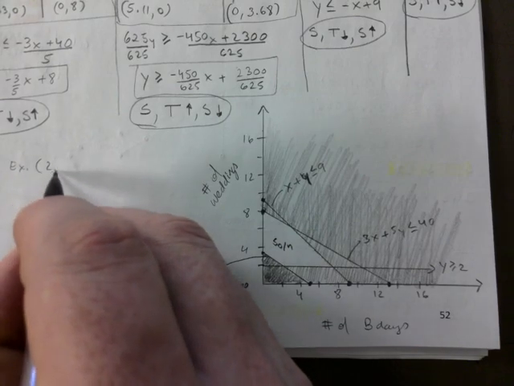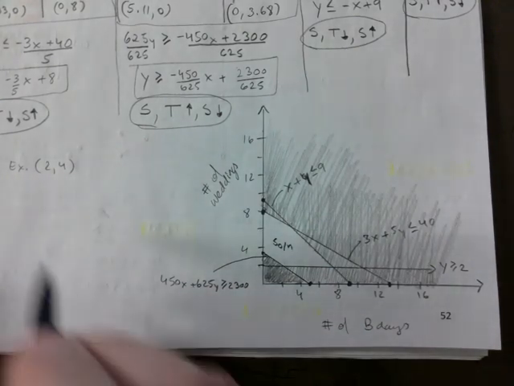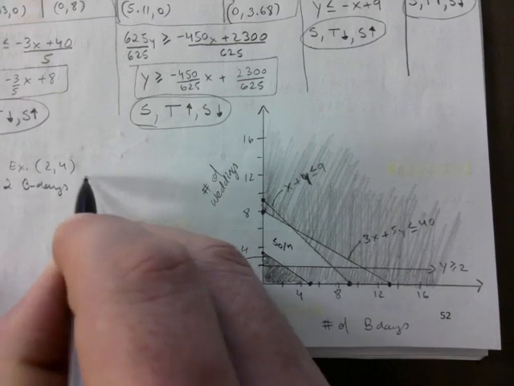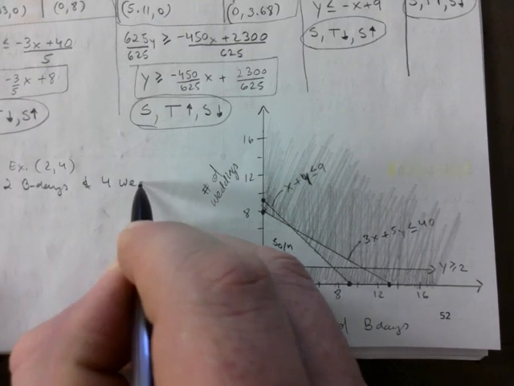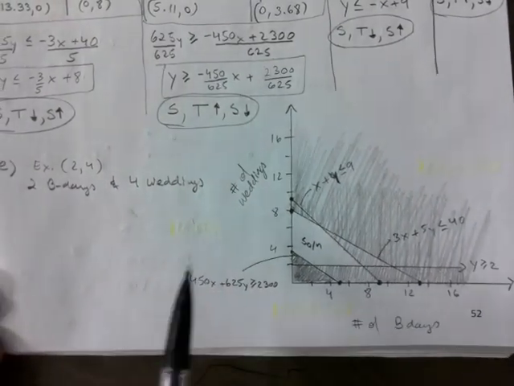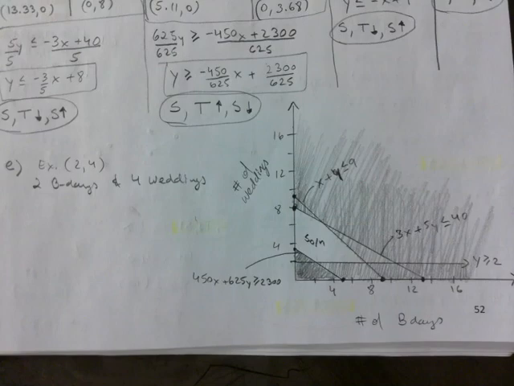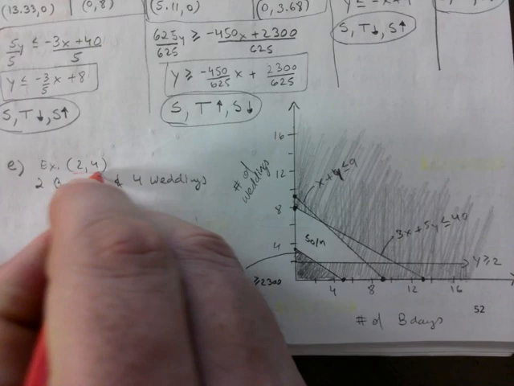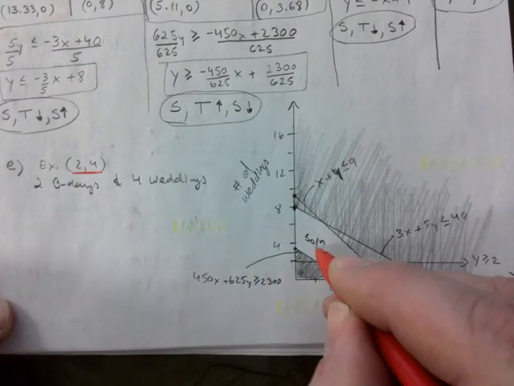Example 2, 4: 2 B days and 4 weddings. That is one option that would make all your restrictions happy. Let's put it that way. Do you want me to underline that one and just say 2, 4 is right there?